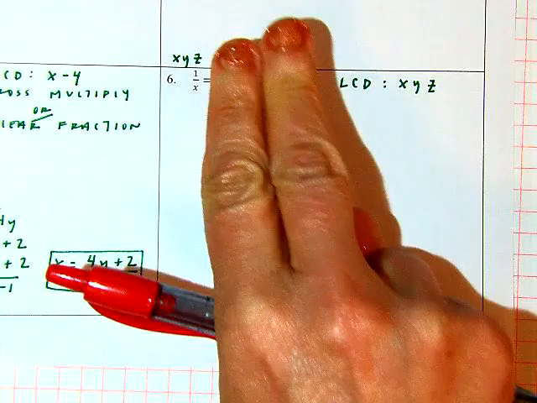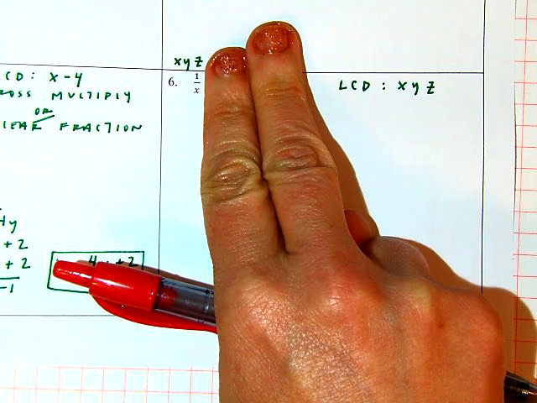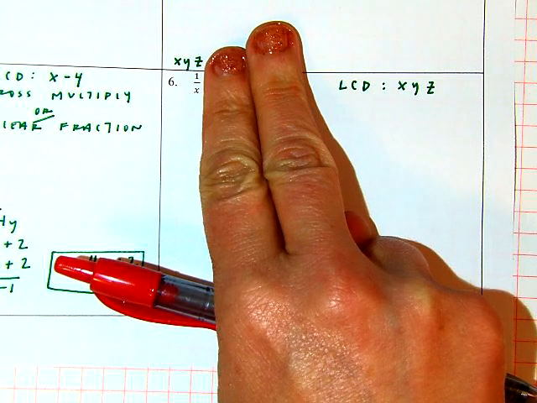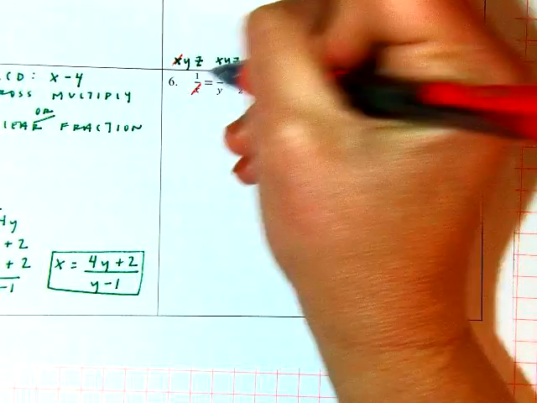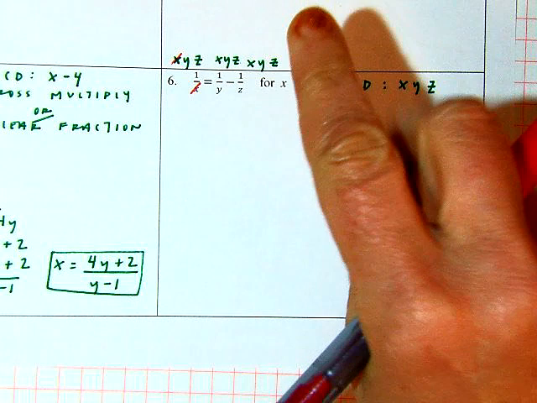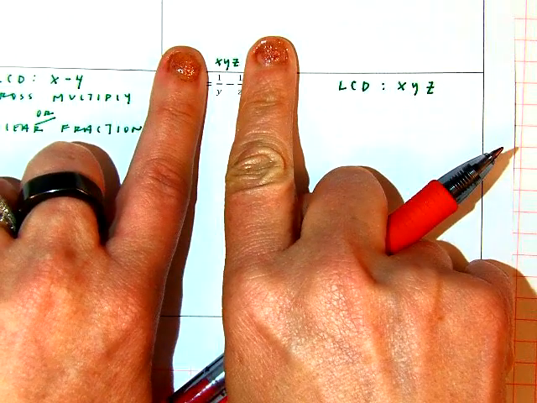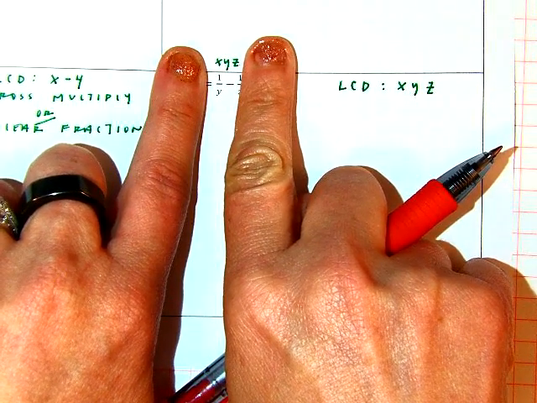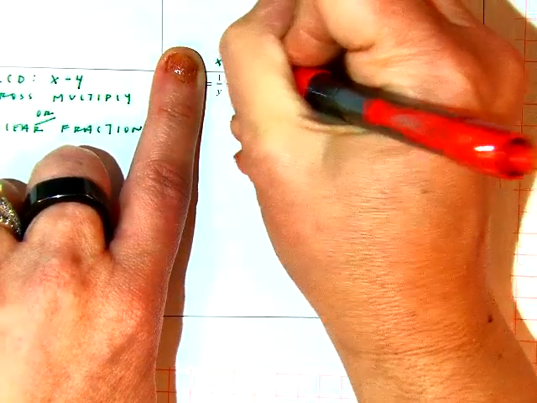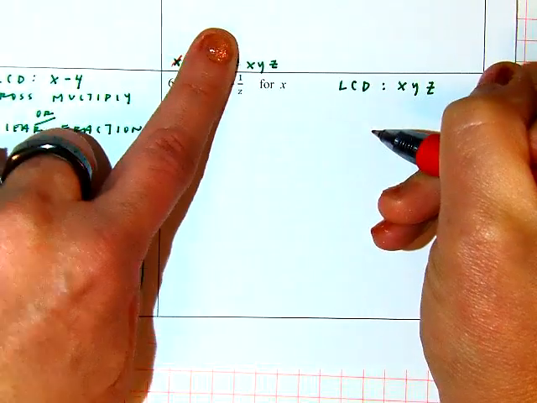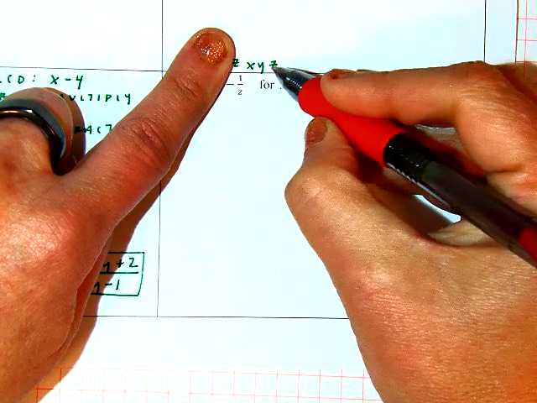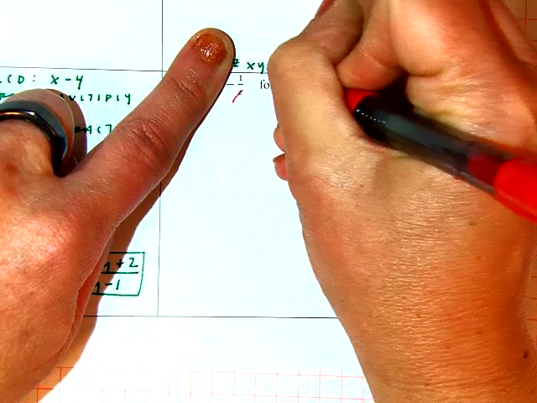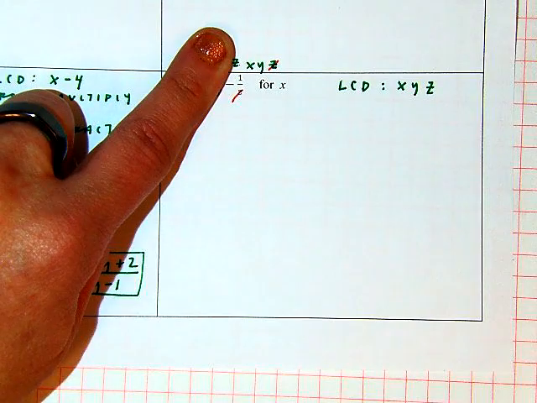So over here, when I look at that 1 over x times xyz, I see that the x's will cancel away 1 to 1. Second term right here, looking at xyz times 1 over y, those y's will cancel away. And then my last term here, where I have negative 1 over z times xyz, the z's will cancel away. Again, 1 to 1.